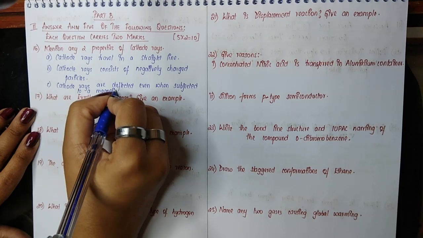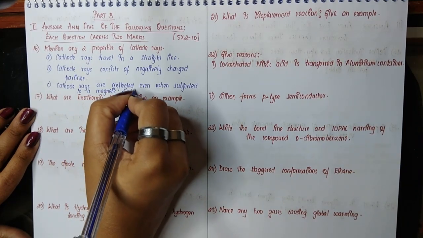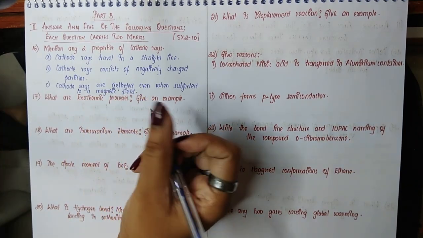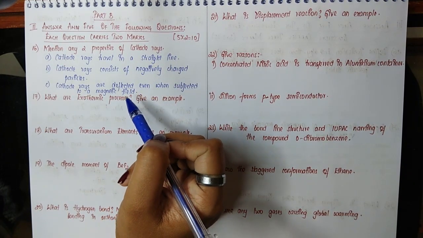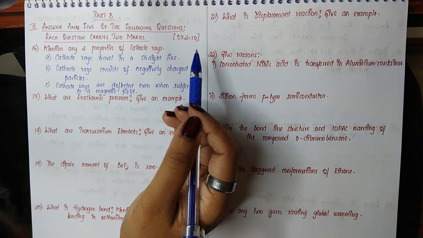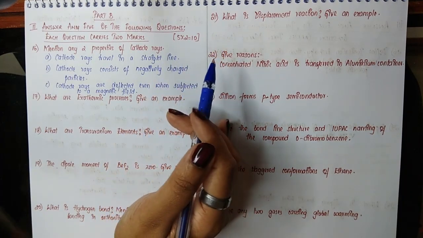So if they're asking it for 2 marks, I would suggest you all to write a point extra. In case 1 point is wrong, you have another point to support your answer.